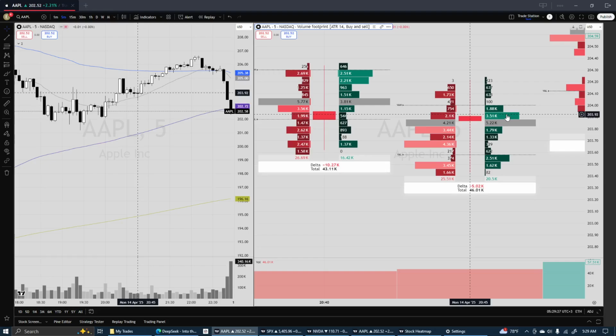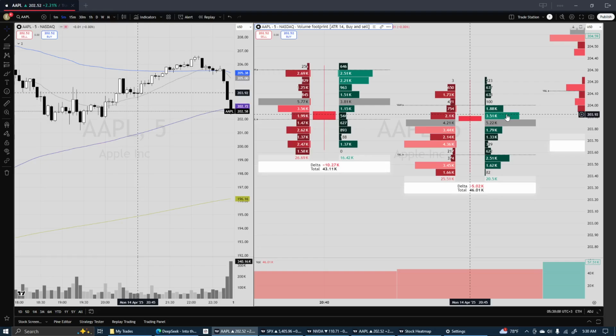Suppose I was looking at something like this in real time, where I'm supposed to make a decision. I'm paying attention to this level, the winner. Of course, I can derive that the buyers won, but I'm looking at it in real time.